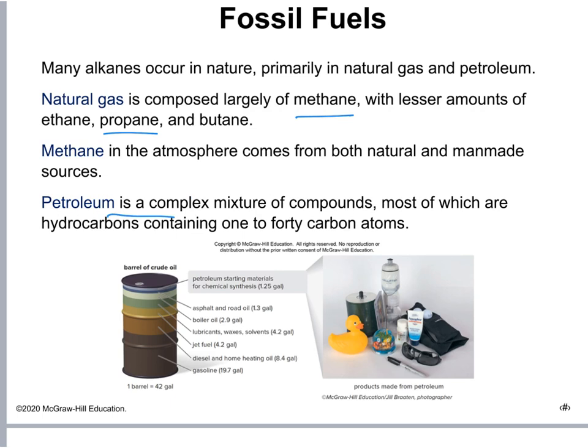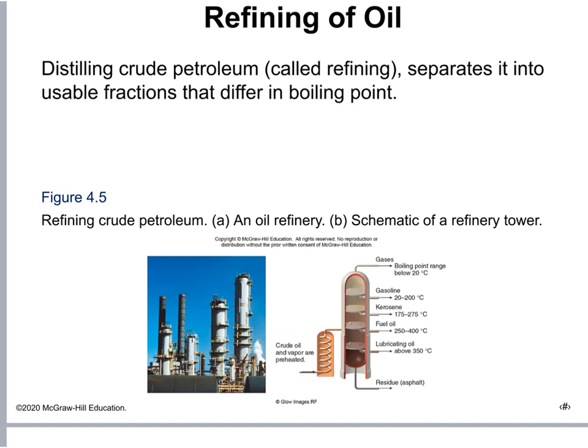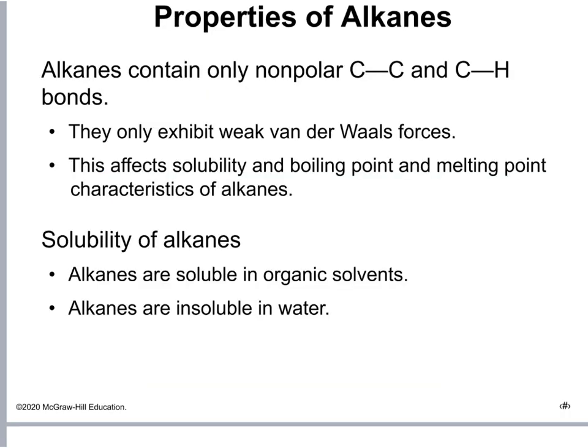Petroleum is a complex mixture of compounds made of hydrocarbons, 1 to 40 carbons. This is how we get the crude oil. Gasoline. There are some images you can refer to in your book for these structures.